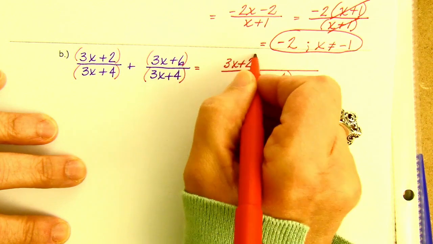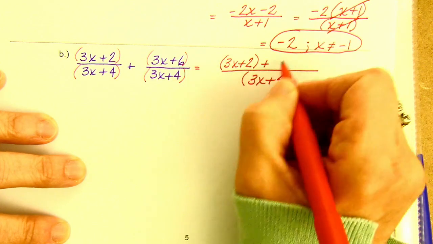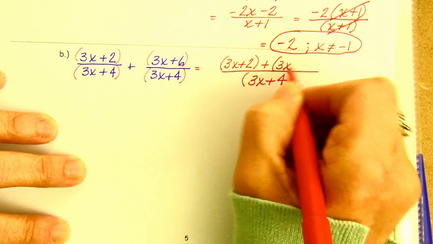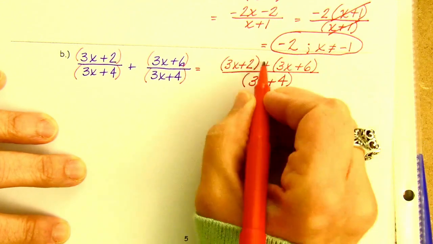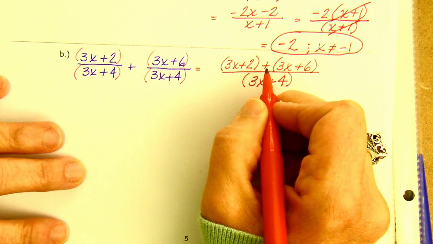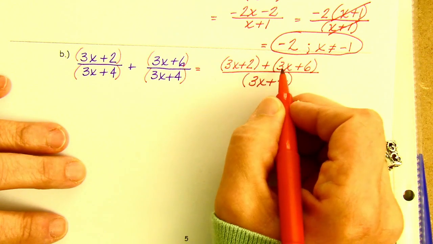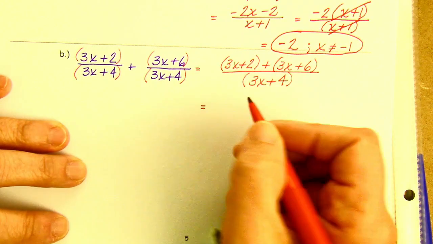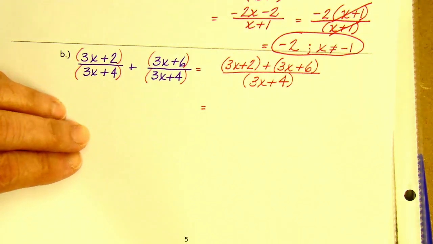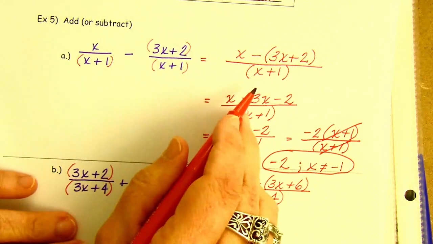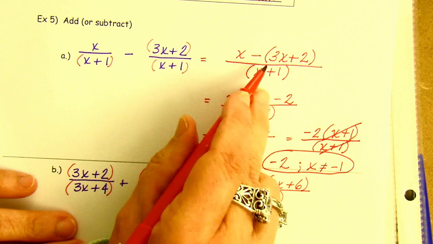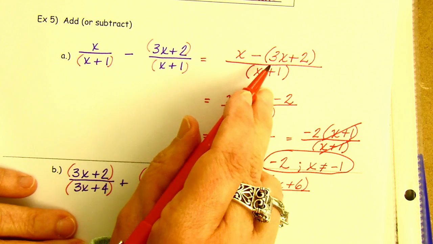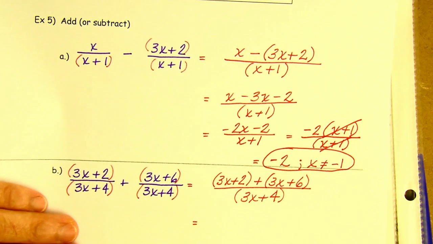And I do like to put parentheses around them. I know it's really not that necessary to put them around them for this problem because of the addition. I'd really be distributing a positive 1. But it is important that you put the parentheses when you're doing a problem like this one, example 5a, because we did have to distribute a negative there.